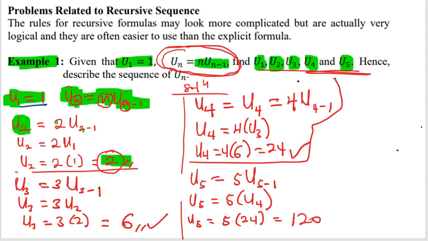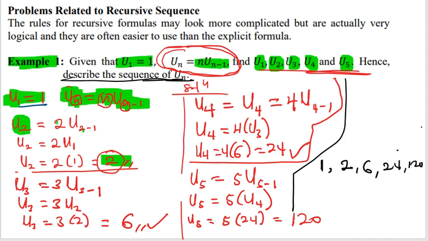Now let's look at the sequence. My u1 was 1, my u2 was 2, my u3 is 6, my u4 is 24, and my u5 is 120. Now the question says to describe the sequence of un.